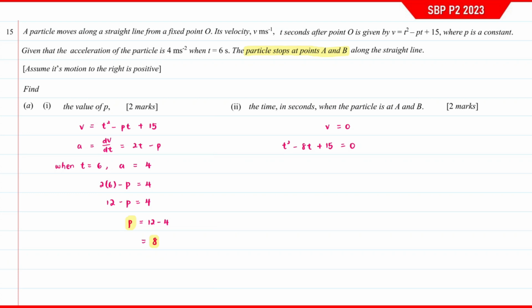This is a quadratic equation, so using factorization, bracket t minus 3, another bracket t minus 5, equal to 0. So t is equal to 3 or t is equal to 5. That will be the times when the particle is at A and B.